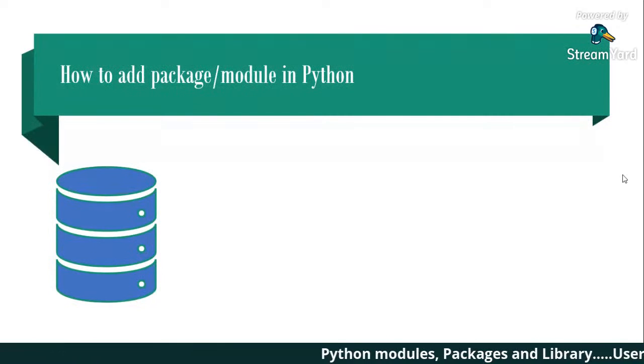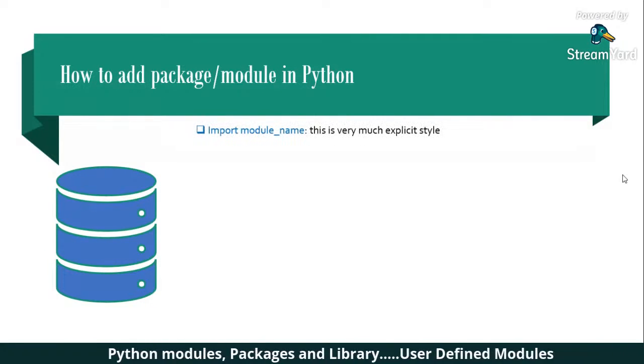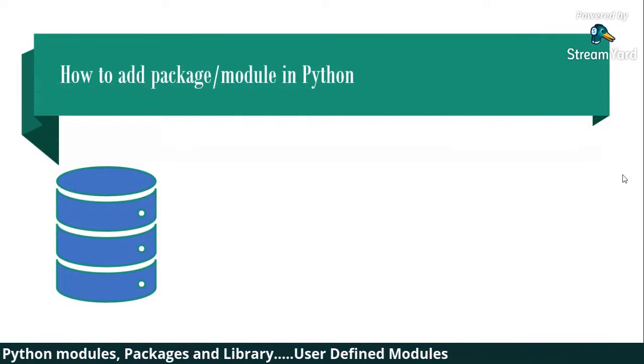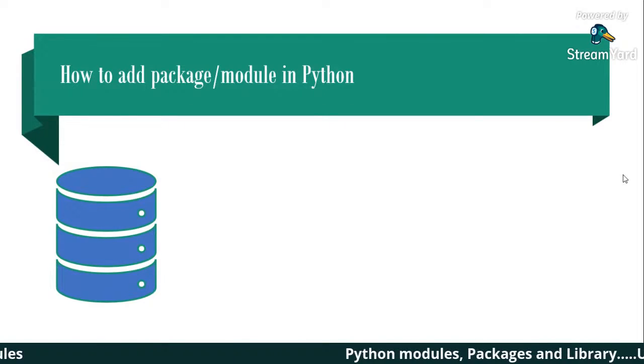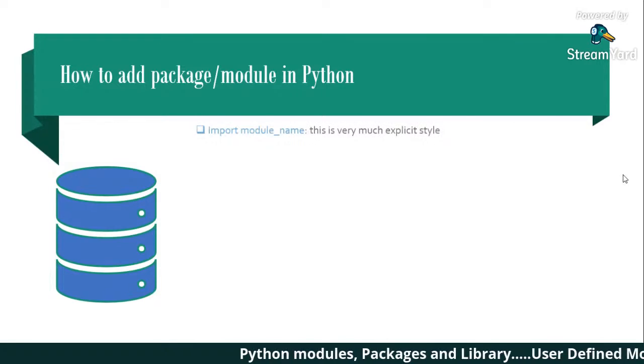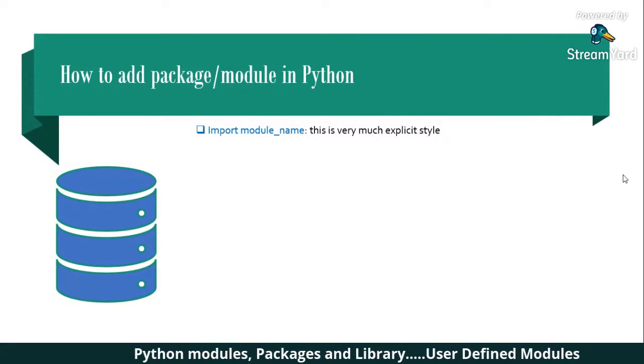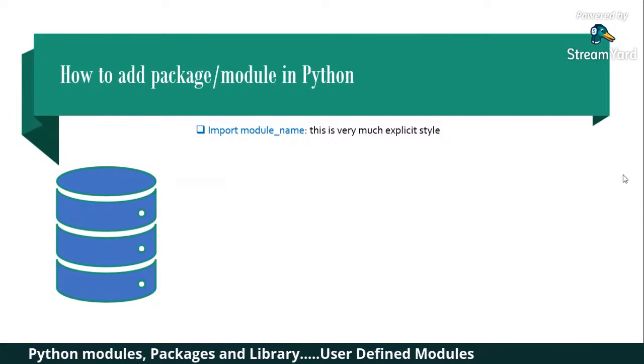Now see how to add a package or module into Python. There are various ways to add a module into Python. As I have explained earlier, there are 4 ways by which you can import a module. The first way is you can use import and then the module name.